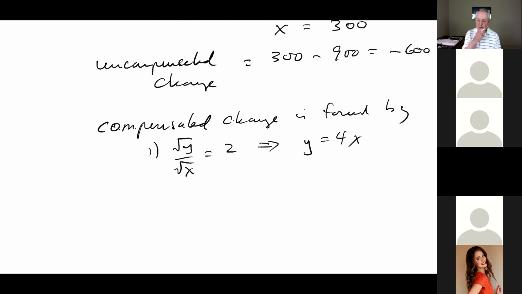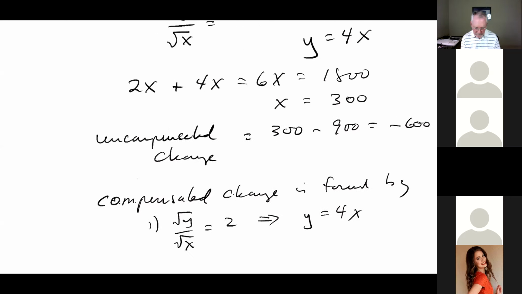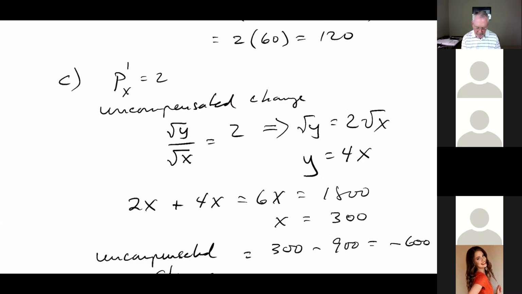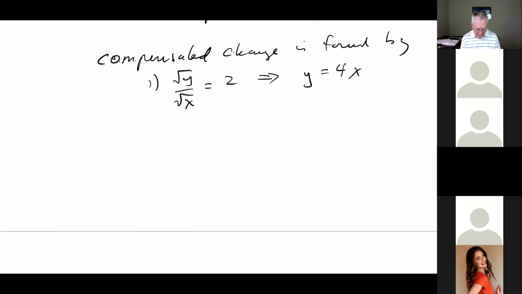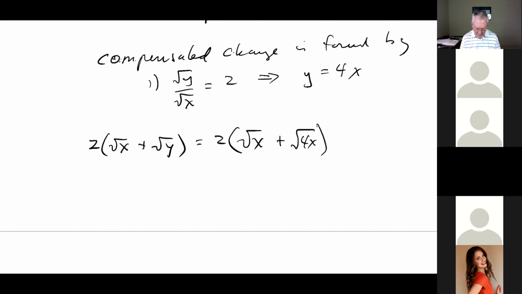So I know that's the solution, but I also know that the initial level of utility that we found was 120. So since the utility function is 2 times the square root of x plus the square root of y, I'm going to substitute. I've got 2 times square root of x plus, I eliminate y by simply setting in here 4x. And note that this is then equal to 6 times the square root of x.